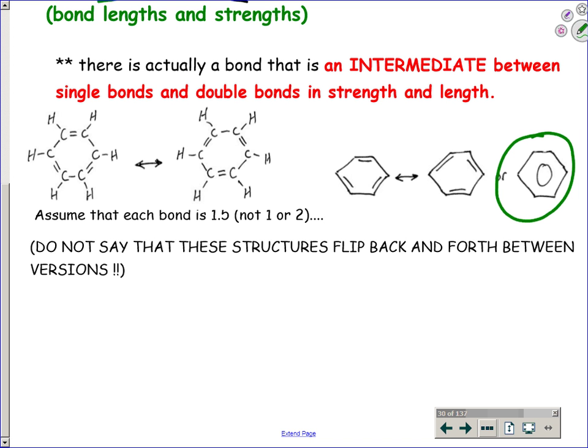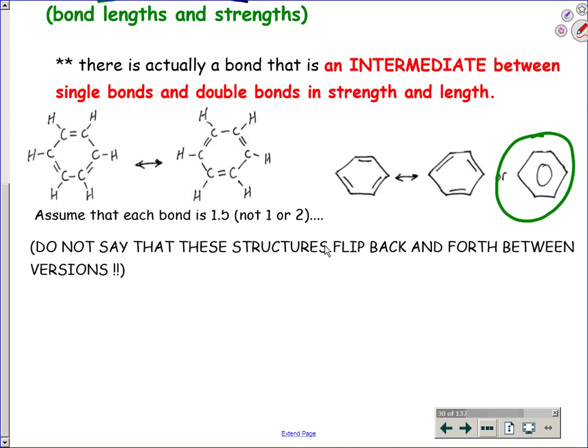You're looking at me like I'm crazy. We'll work with this a lot more, okay? So what you should know is that this is an intermediate in length and strength to show the difference, like I've indicated here, between a single bond and a double bond in a 1.5 bond.